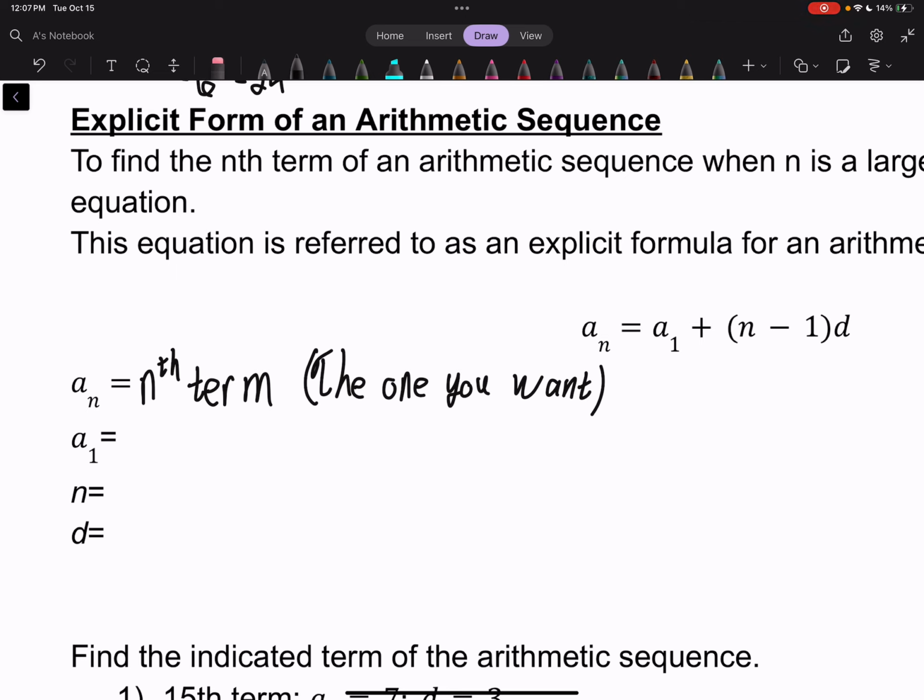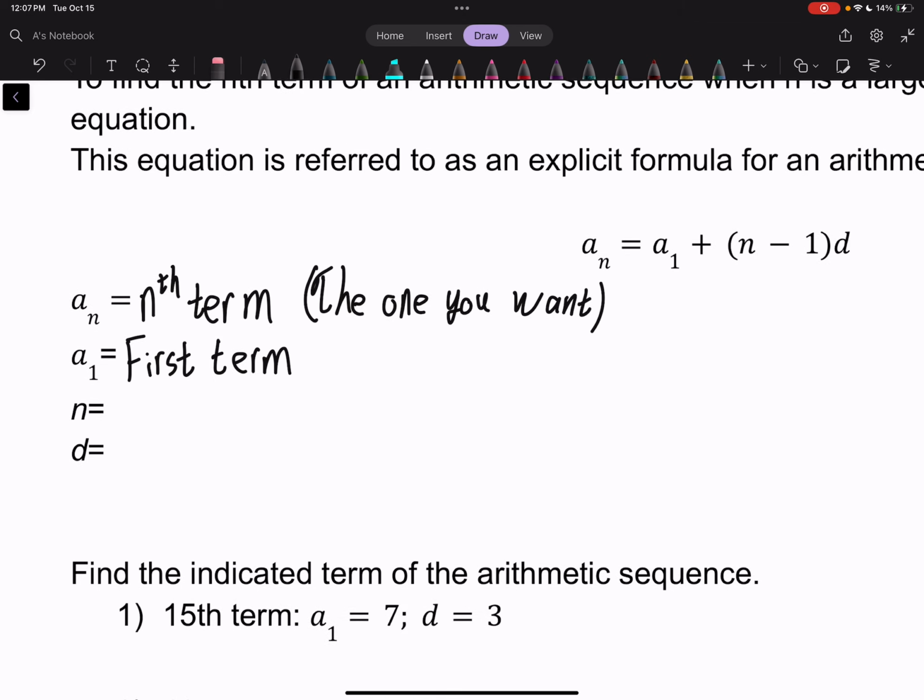A sub 1 is the first term in your sequence. N minus 1, this is the number of the term. And D is going to be your common difference.